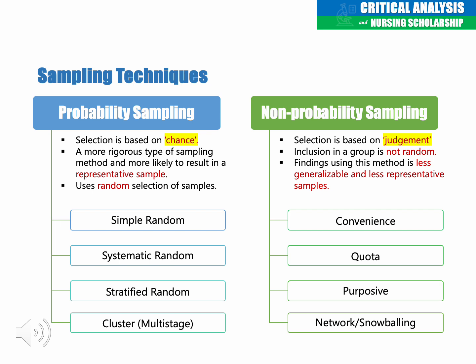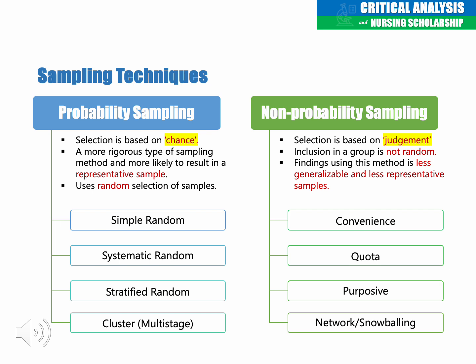And therefore, findings using this method are less generalizable and less representative. Let's say you want to study stress levels again among nursing students, but instead of randomly selecting them from various schools, you only ask those in your own university or even just your own school.